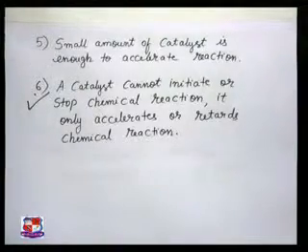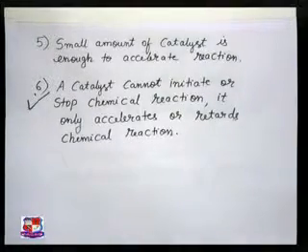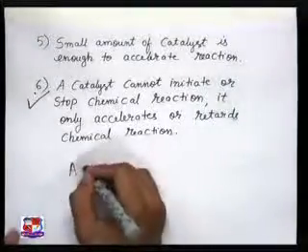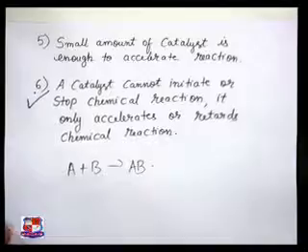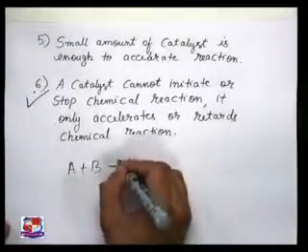It will just participate in the reaction that is already going on. So like you have a reactant A, you have reactant B, you try to react them, and product AB is formed. So this process is going on.